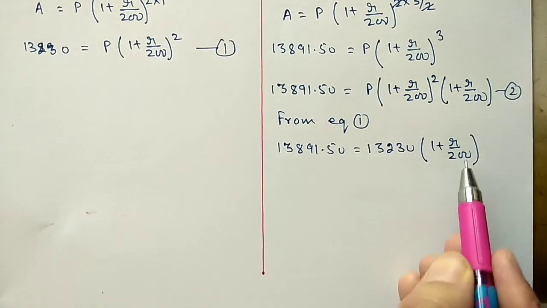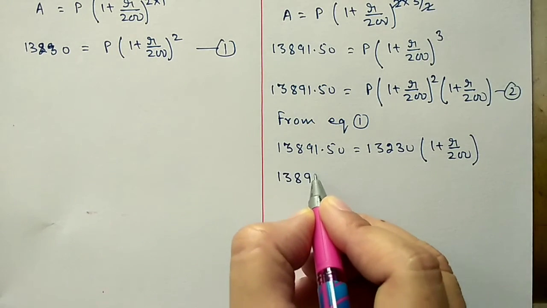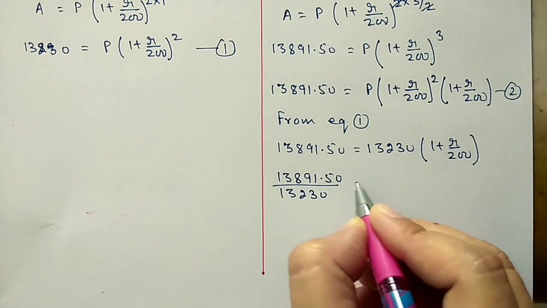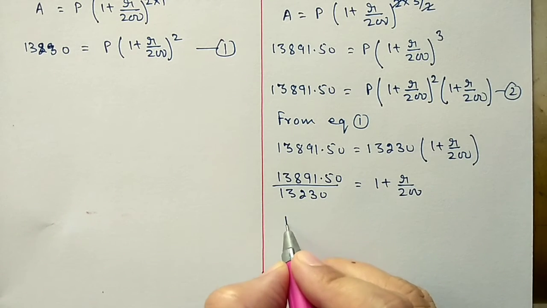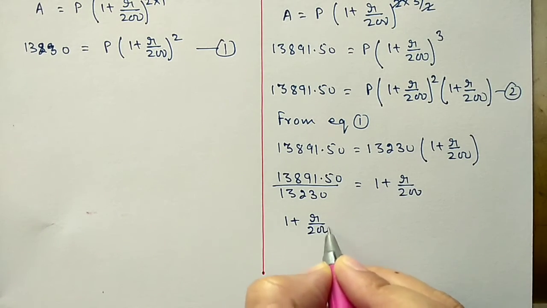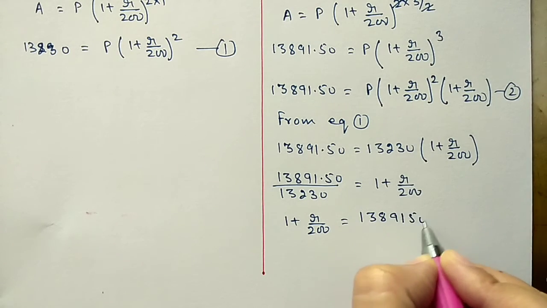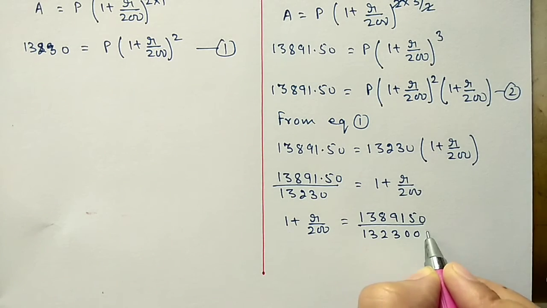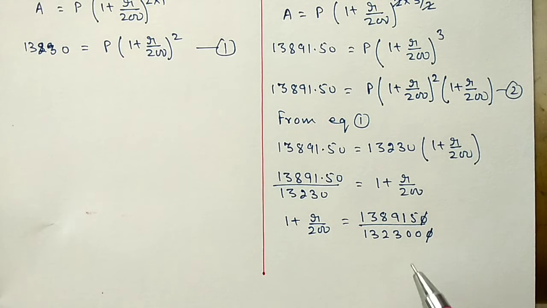Now we can find out r value easily. This thing you can shift to the other side. It will come for division, 1 plus r by 200. We can switch both sides because we have to find out r, so r we will keep this side, and decimal also we will remove. After removing decimal, in denominator 2 more zeros we have to include. 10 we can cancel out and then we can cancel with the 5 table.